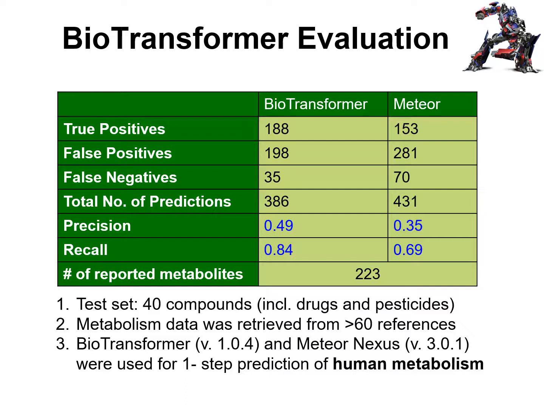This is just illustrating what we call the precision and recall, or sensitivity and specificity. Perfect precision and recall is 1. And what we can see is that neither Biotransformer nor Meteor are perfect, but Biotransformer generally outperforms Meteor substantially, both in the level of precision and in recall.